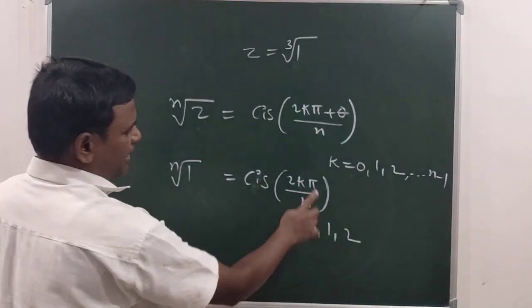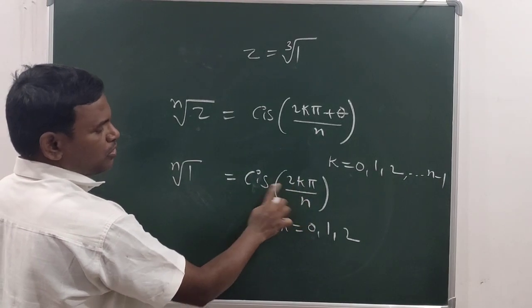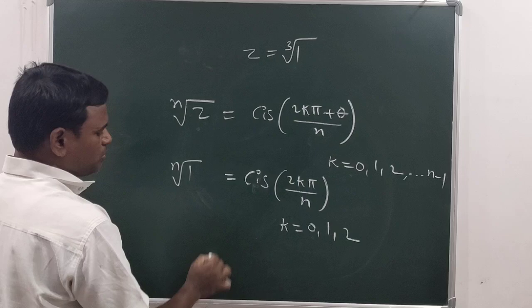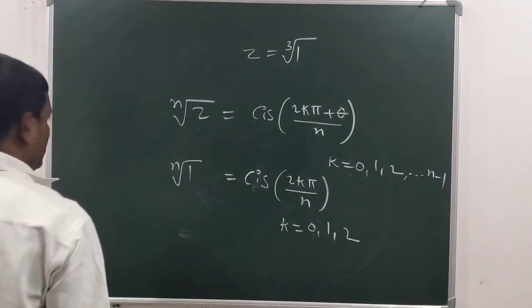If I write k = 0, what do I get? Cos 0 plus i sin 0, which becomes 1.